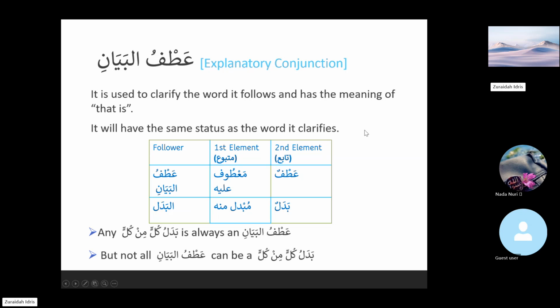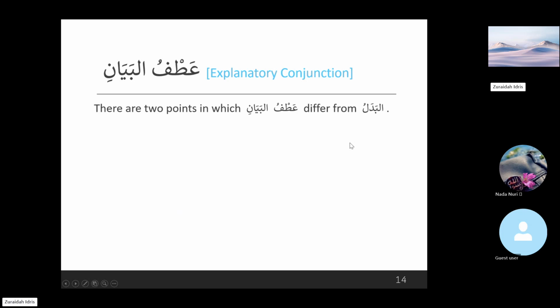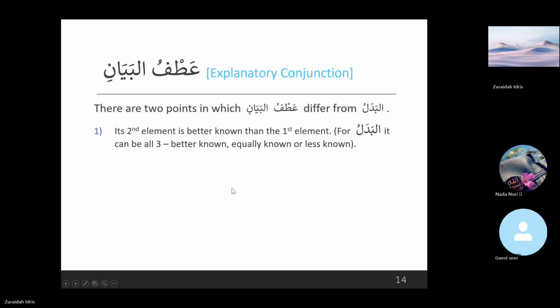Now there are two points in which the atf bayan is different from the badal. Remember the first and second element? For atf bayan, the second element is better known than the first element. For the badal, it can be all three: better known, equally known, less known.